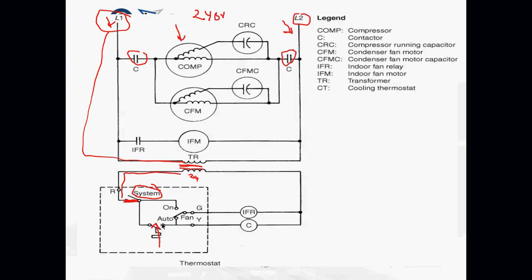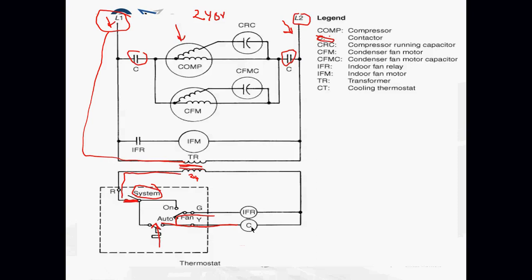and provides power to two terminals on my thermostat, the G and the Y. The Y terminal provides power to my contactor, because again I have a legend up here.